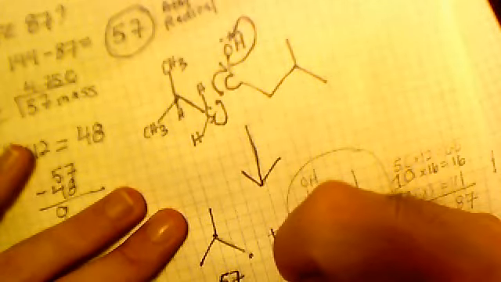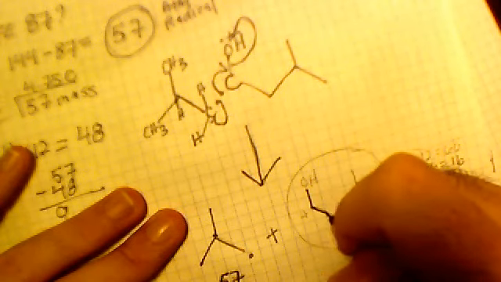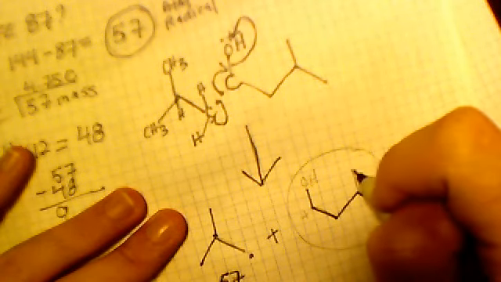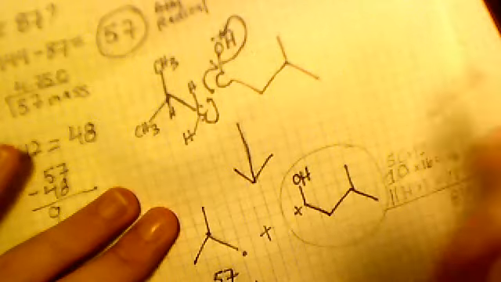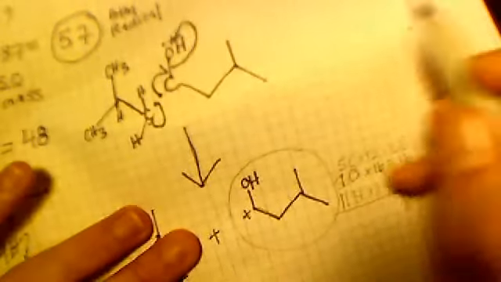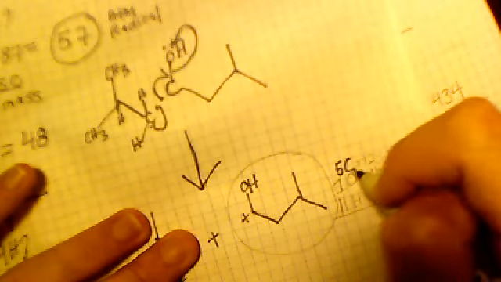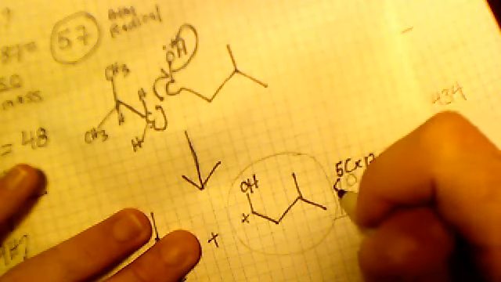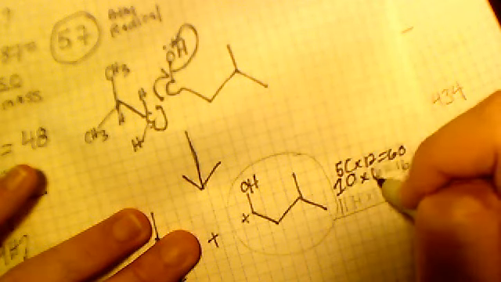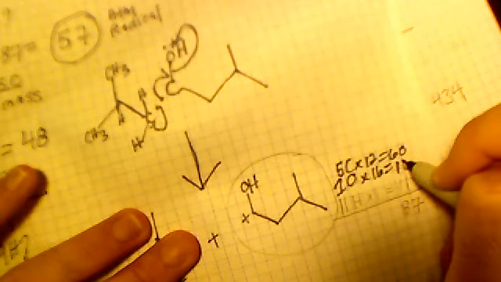Alright, so then plus the charged particle that was left, it has 5 carbons times 12, which equals 60. It has 1 oxygen times 16, which equals 16.